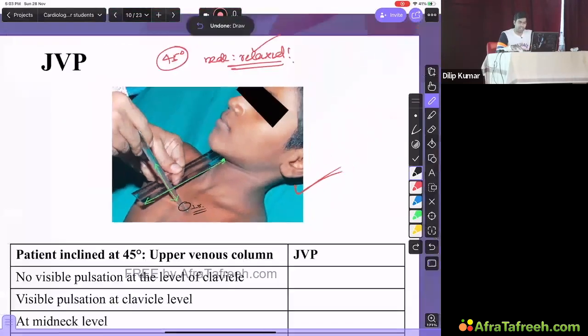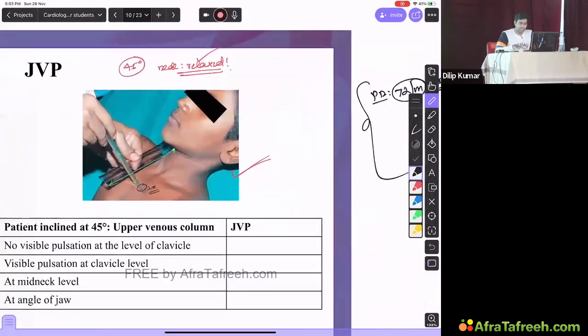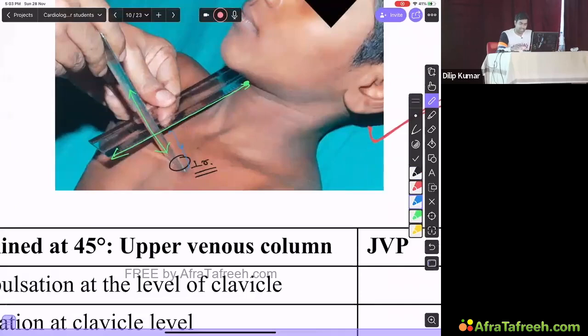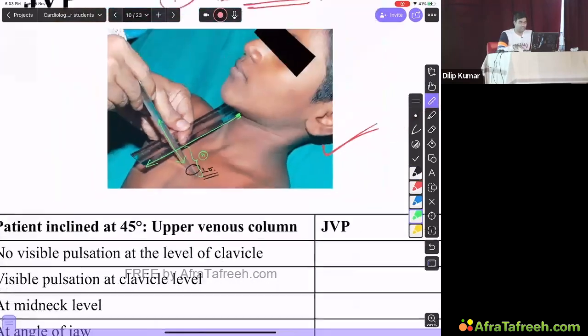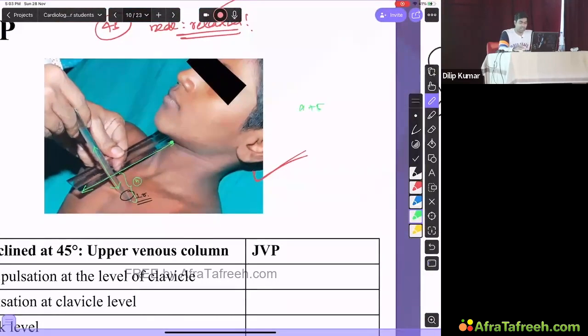So the final measurement will be, for example, if you take this measurement as A, the height of the blood column should be A plus 5 centimeters. You have to finally add 5 centimeters. That is very, very important. Do you understand or not? All these things they would have taught you already. So it should be A plus 5 centimeters. Whatever you measure, that should be added with 5 centimeters to get the final jugular venous pressure in centimeters of water.